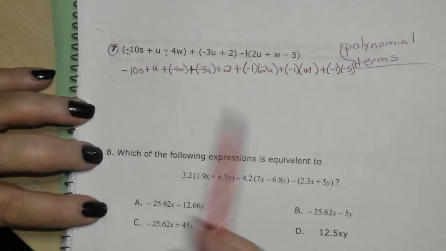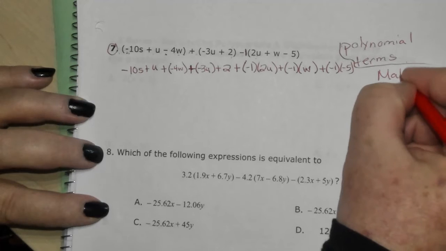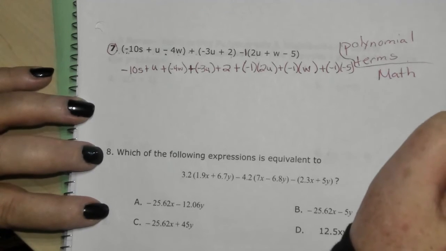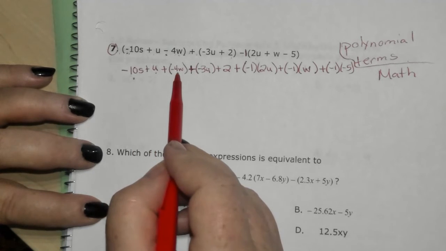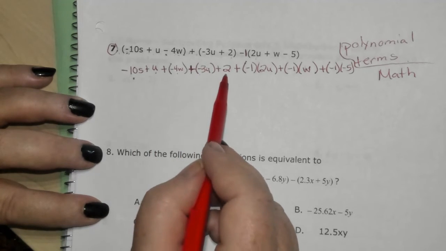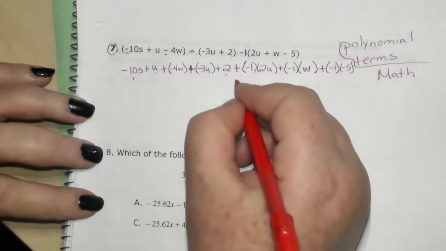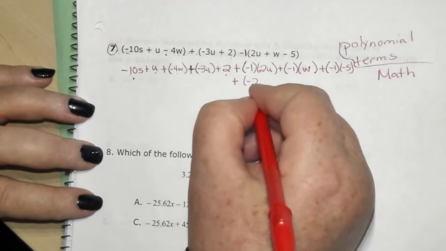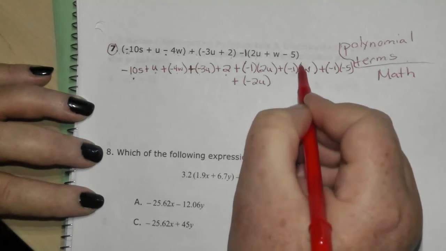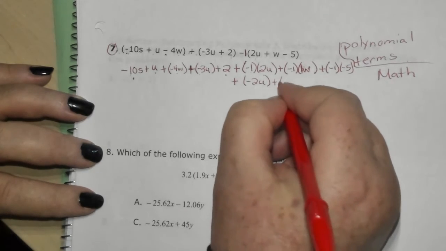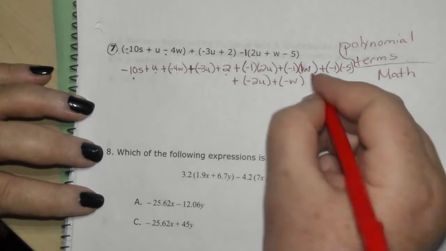Oh wait, we've got to math it, then we'll do like terms. Now do some math. We distributed, now we're going to math it. Nothing to math, nothing to math. Here, negative 1 times 2. Negative 1 times positive 1. Negative 1 times negative 5.